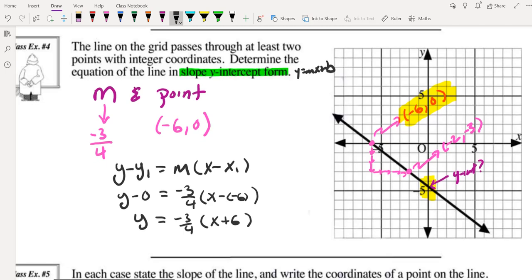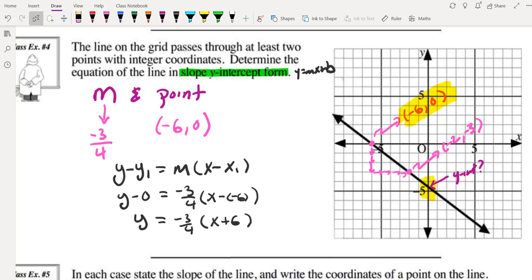Now we multiply the -3/4 through the brackets, and we get y equals -3/4 x minus 18 over 4.